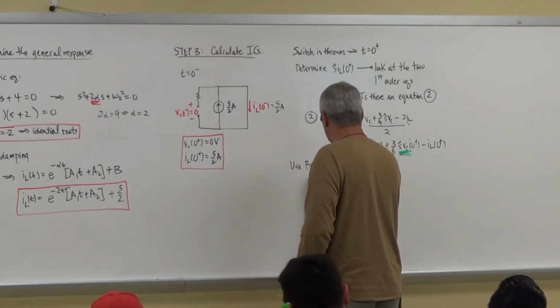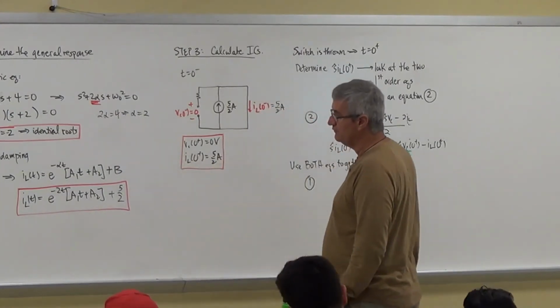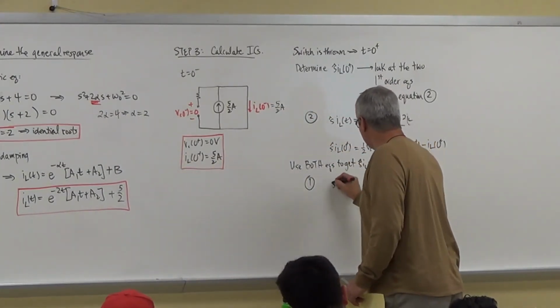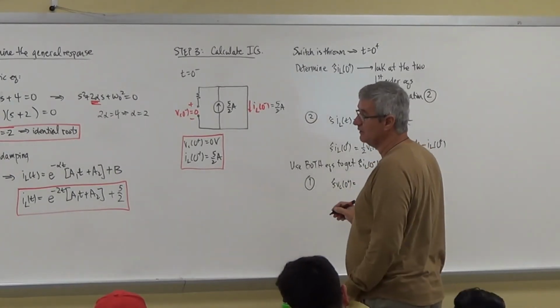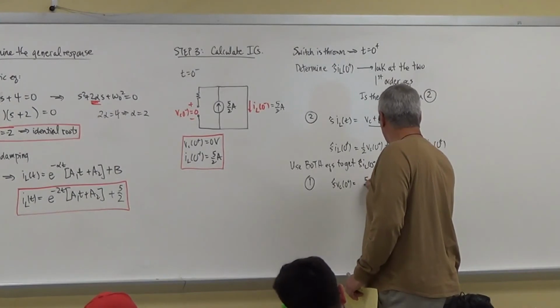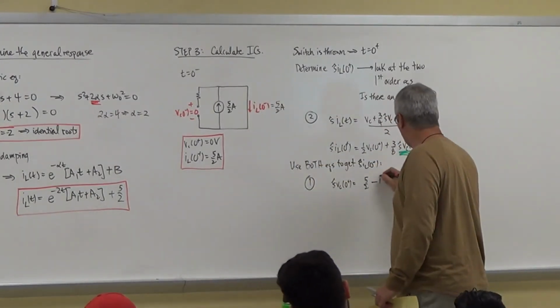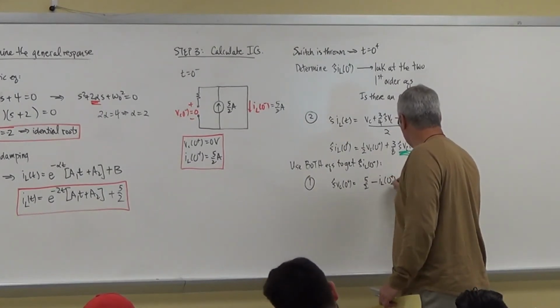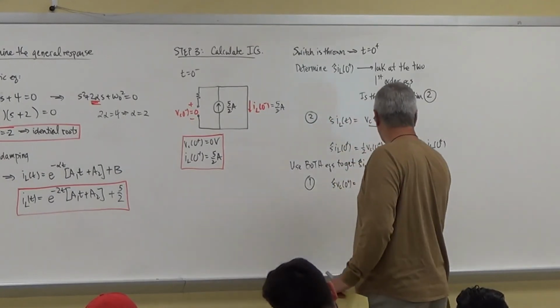If I look at equation 1, I'm going to solve for S hat VC. At 0 plus, that's going to be 5/2 minus that other term, which will be IL at 0 plus, multiplied by 8.